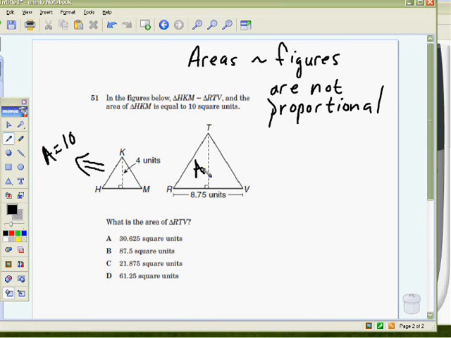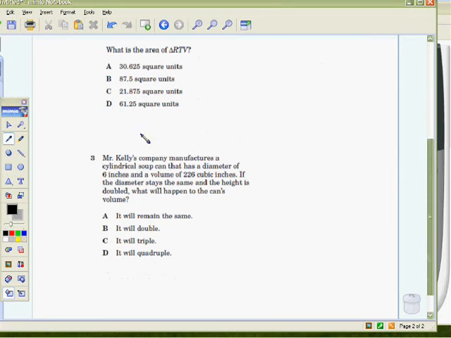Remember, that's our goal, to find the area of the big triangle. What I do know, if you recall from geometry, is that corresponding parts of congruent figures are congruent.